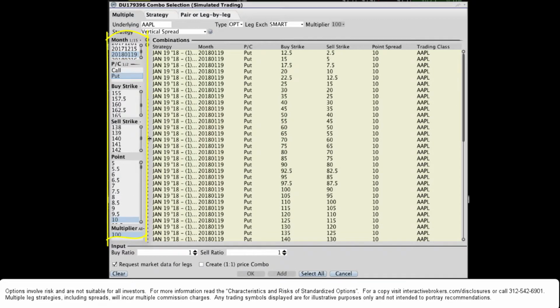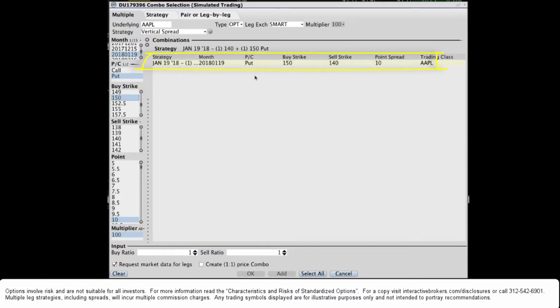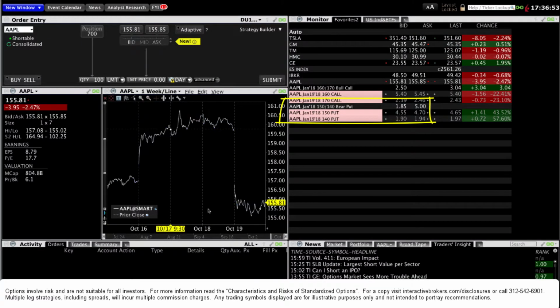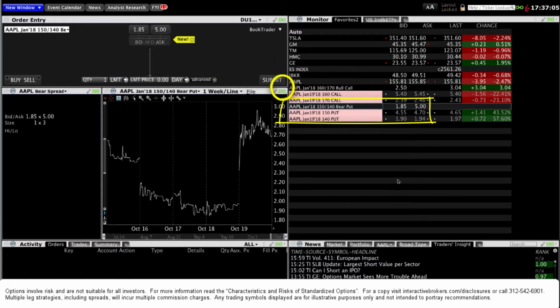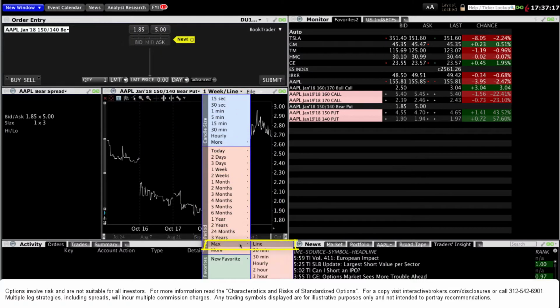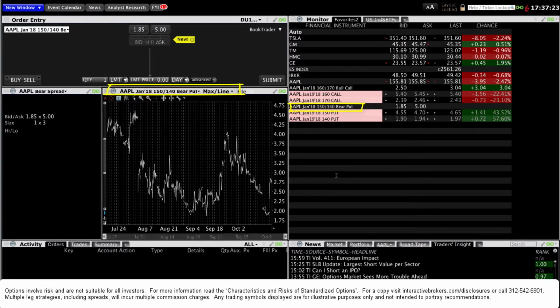When you have narrowed down the choice to the single vertical spread desired, highlight the line and click OK. The spread now appears in the watch list. Because Mosaic is color linked, clicking on either spread will enable us to populate the chart. For best viewing of a combination spread, select Max Line from the time period selection in the chart toolbar. This displays the dynamic price of the spread, which you can relate to the price of the underlying ticker over time.